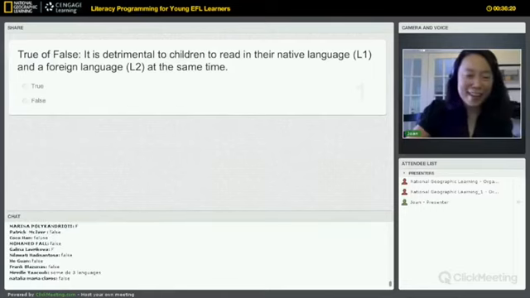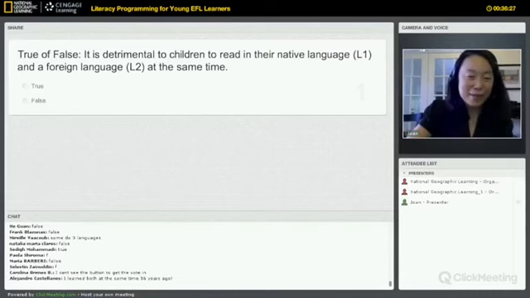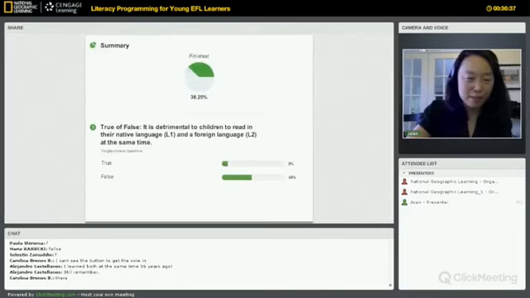Get your vote in there. I'm going to close it in 5, 4, 3, 2, 1. And end the voting now. Okay, and so here are the results. And so the majority of you said false.